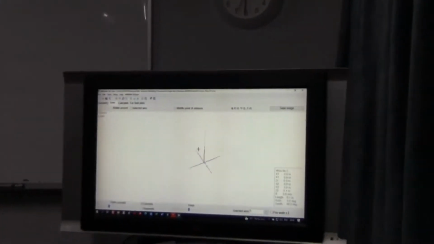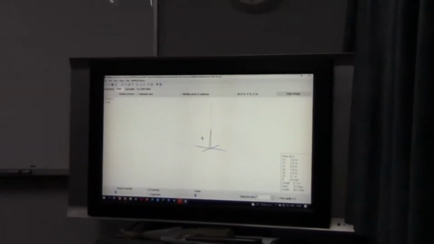You could, if you've got a big enough arc, I suppose. Oops. Let's turn the antenna back up again.